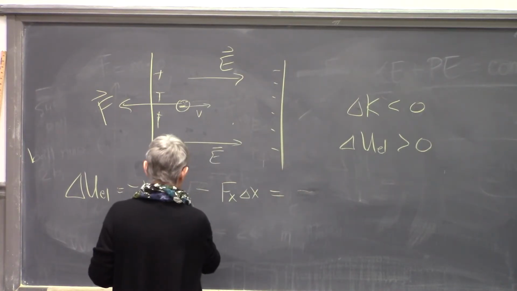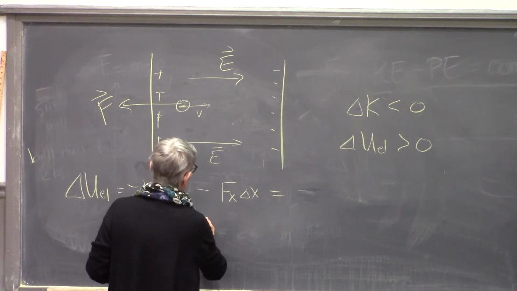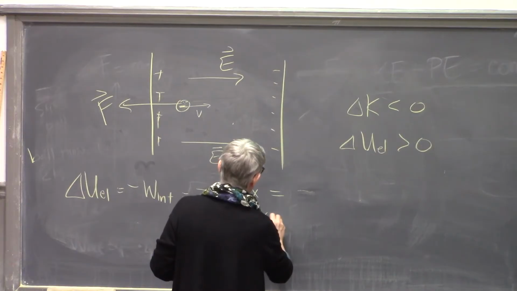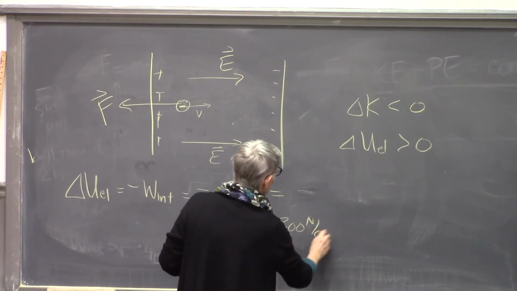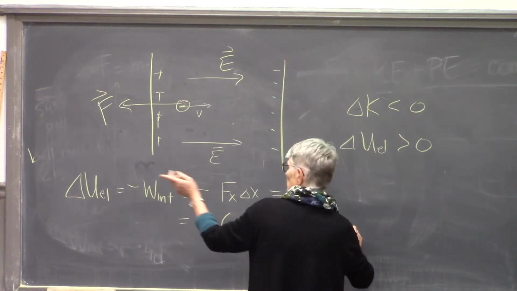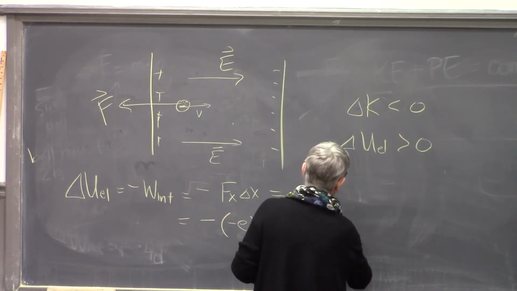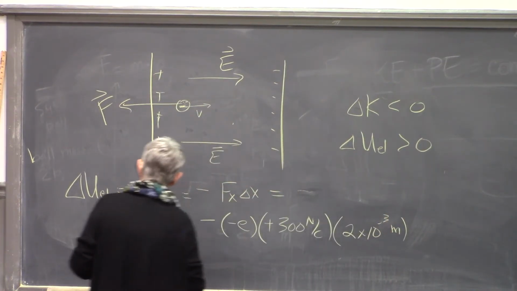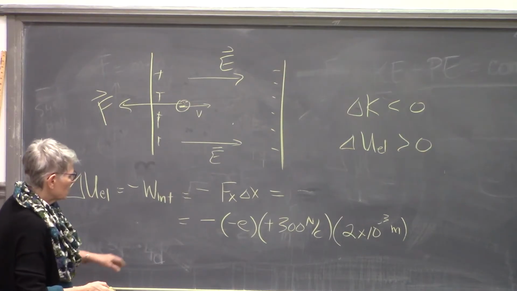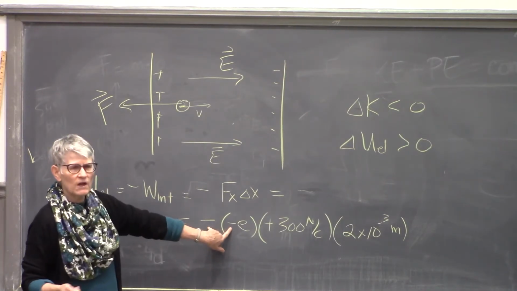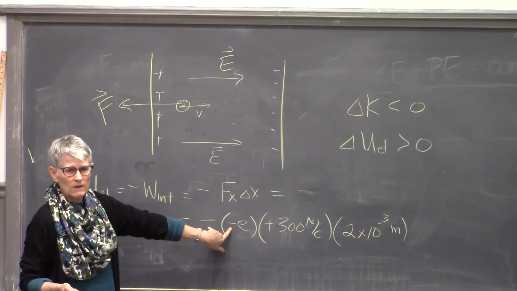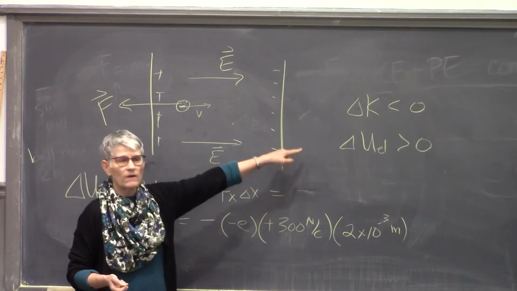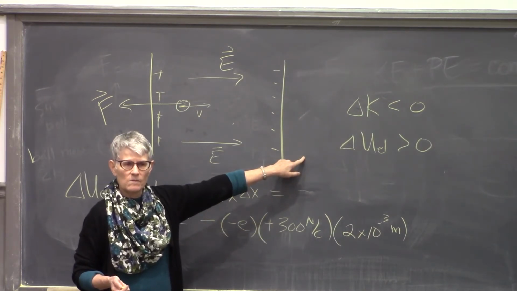In this case we have a minus e, we have a plus 300 newtons per coulomb, and we have the same displacement. What did we say it was? 2 millimeters. And so we have these two negative signs in our product here, so the result is going to be a positive number, and that agrees with what we've got.